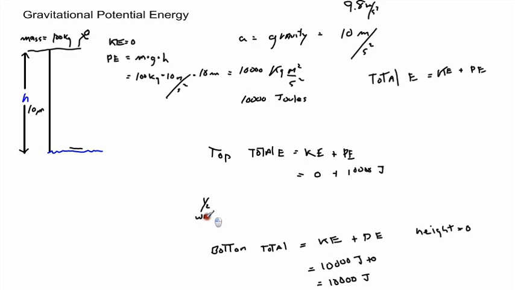Halfway down. Well, total E now is going to be equal, he's half the height. So if he's half the height, multiply it out. His mass hasn't changed. PE is still equal to M times G times H. His mass hasn't changed. It's still 100 kilograms.